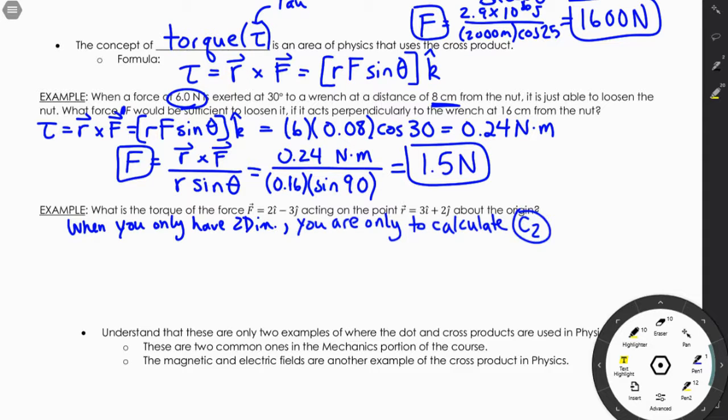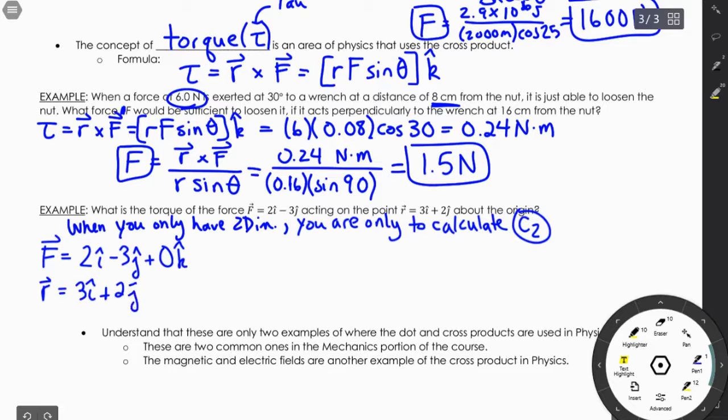Another way to think about it is if I look at my vectors, I have 2i hat minus 3j hat. Well, the third dimension would be 0k hat. And same thing with R, I would have 3i hat plus 2j hat plus 0k hat. But remember, Cx and Cy all have the z direction, so I'm not even going to worry about that.